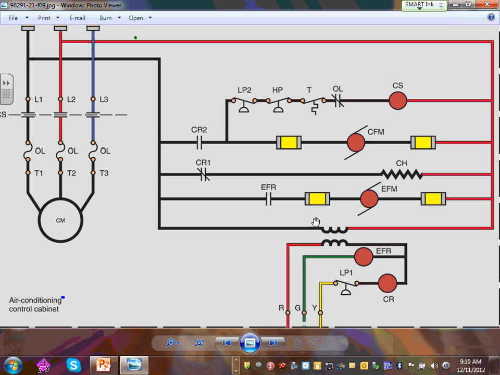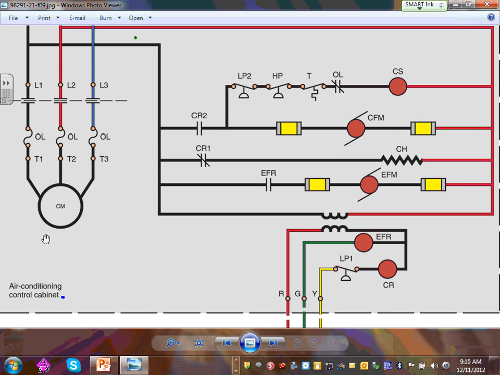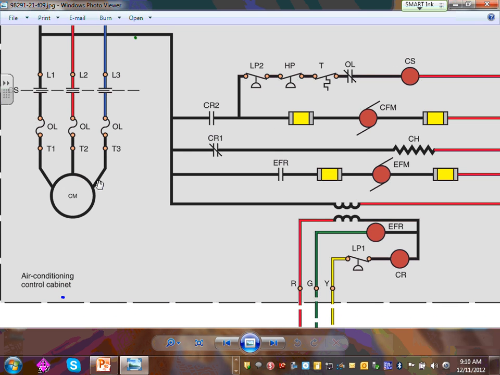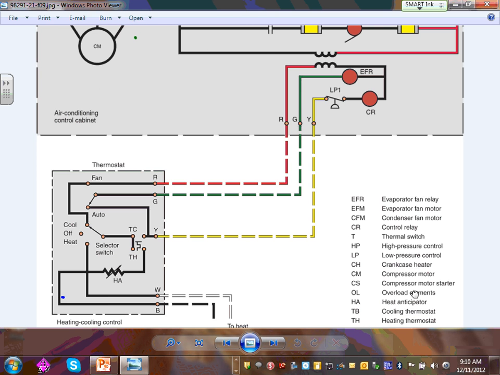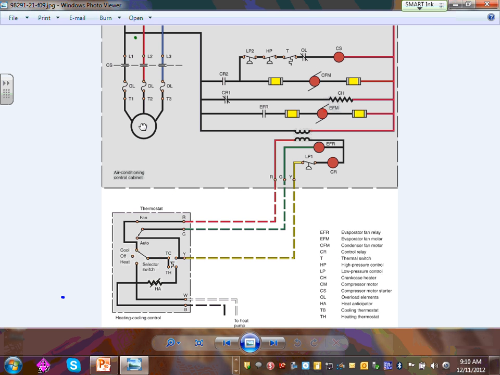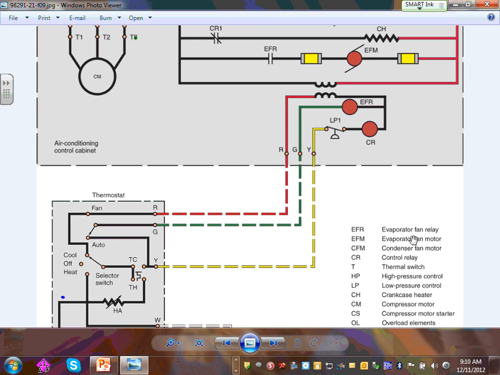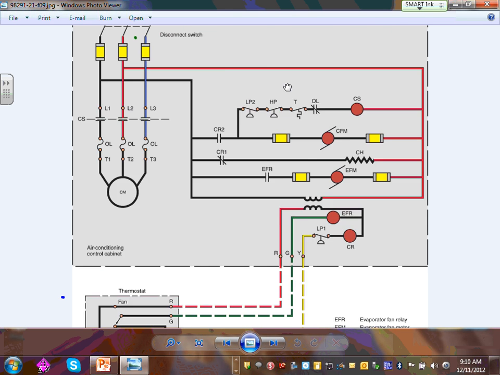All this, guys, is part of your compressor, air conditioning cabinet here. CM is my compressor motor. Here's my compressor sitting right here. And we have the evaporator fan, evaporator fan relay, evaporator fan motor, condenser fan motor. So there's a whole lot in the package.